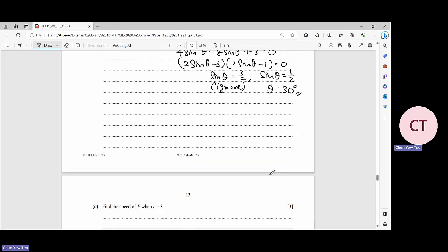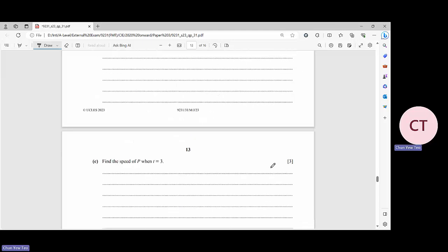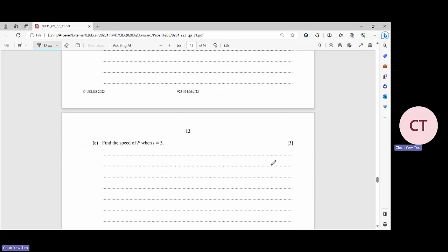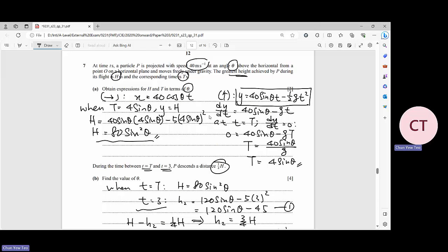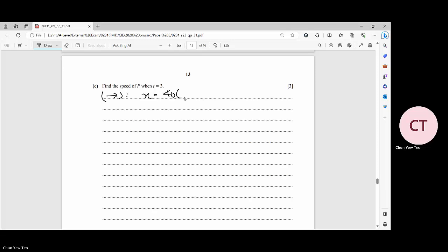Then move on. C. Find the speed of P when t is equal to 3. So this is t equal to 3, this is also t equal to 3. What you need to do is find the horizontal displacement. x is equal to 40 cos theta t.